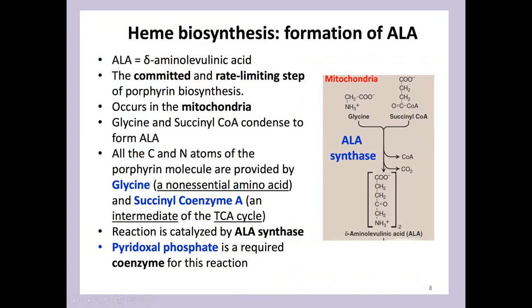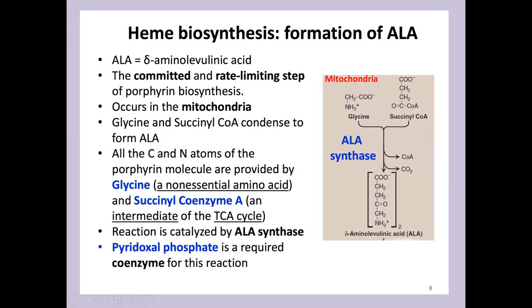The first step is the formation of ALA, or delta aminolevulinic acid. This is the most committed or rate limiting step of porphyrin synthesis, which occurs in the mitochondria, where glycine and succinyl CoA condense to form ALA. Glycine is a non-essential amino acid, while succinyl CoA is an intermediate of the TCA cycle.